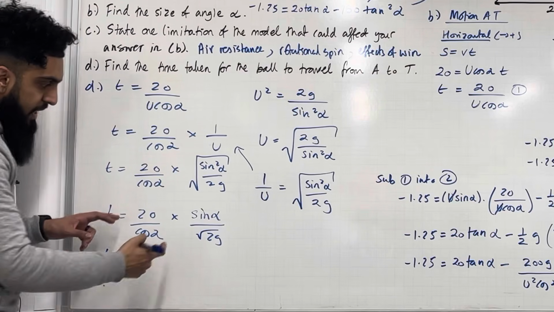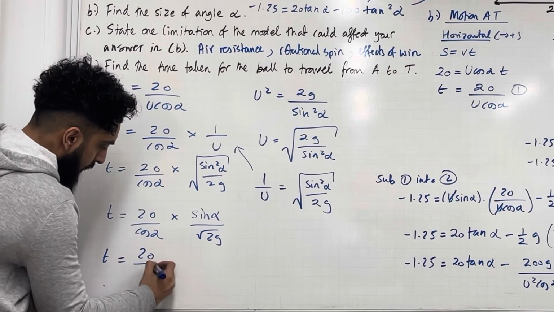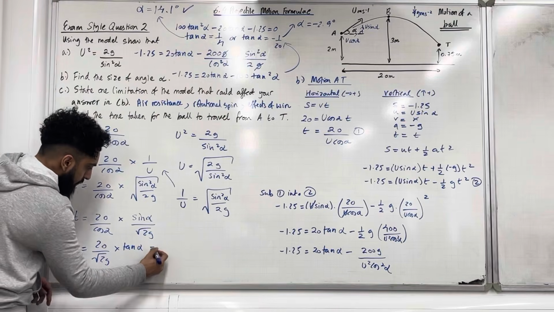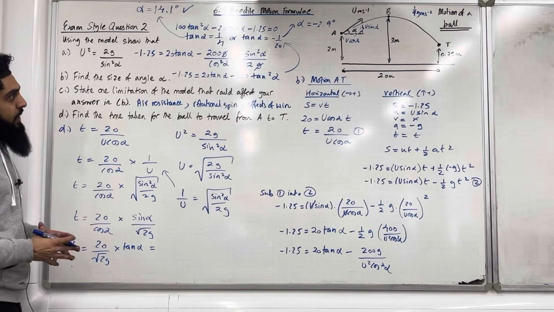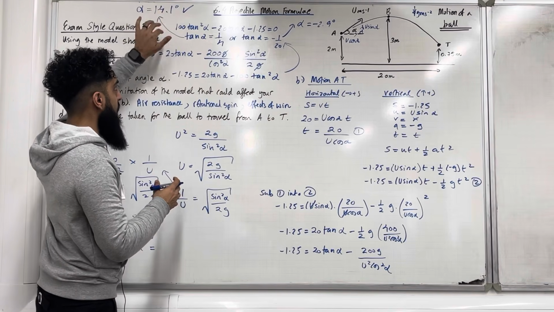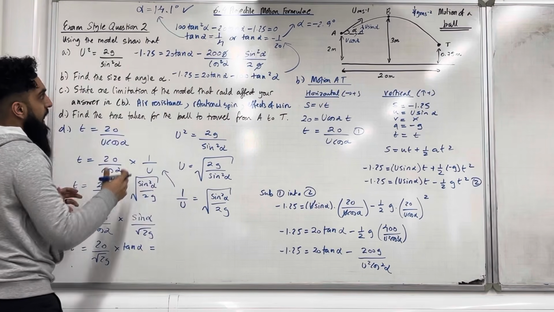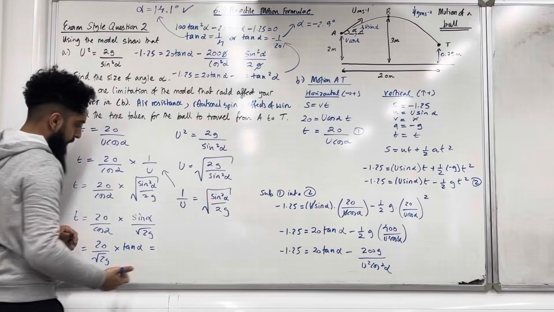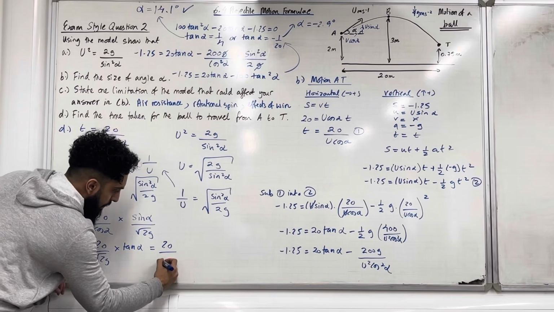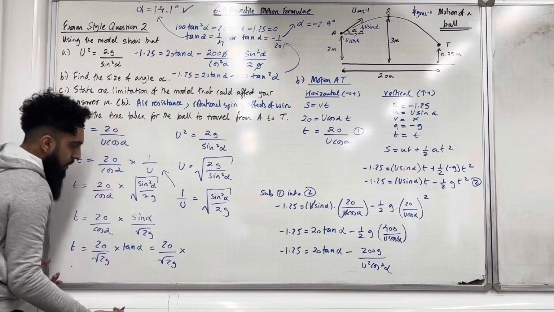So I've got 20 over square root 2g multiplied by tan alpha. But I know what tan alpha is equal to. Since we've taken alpha to be 14.1 degrees to three significant figures, we have to take tan alpha to be a quarter. So I've got 20 over square root 2g multiplied by a quarter.